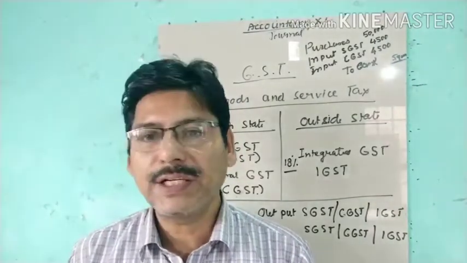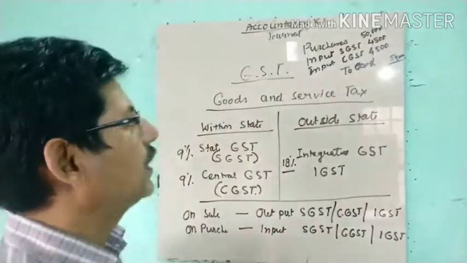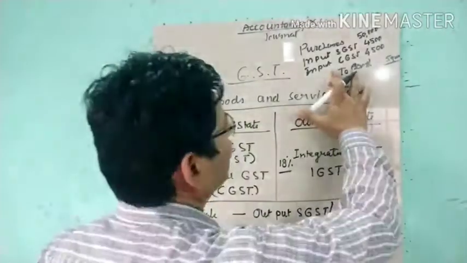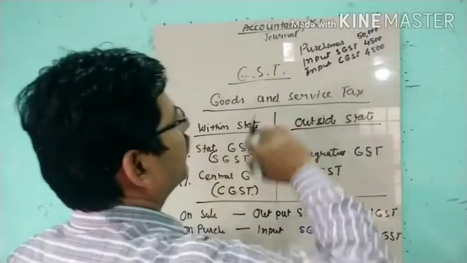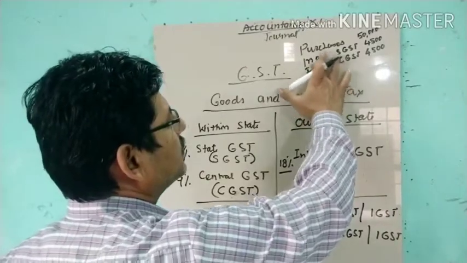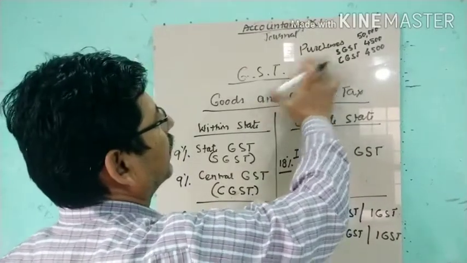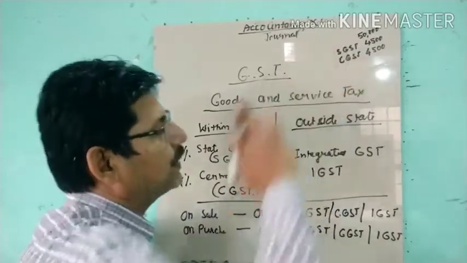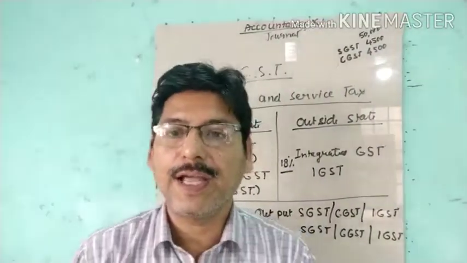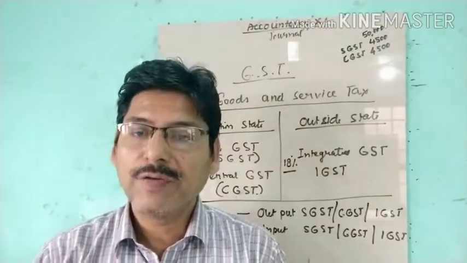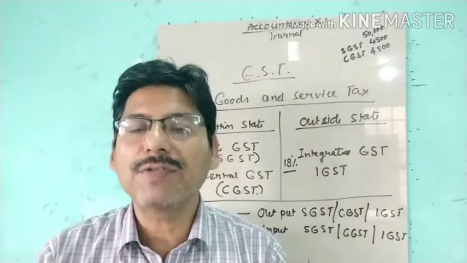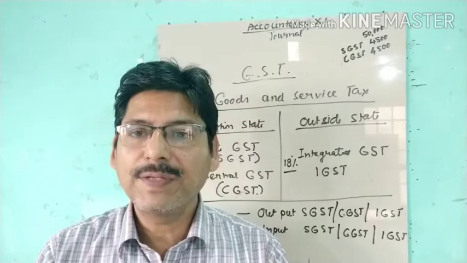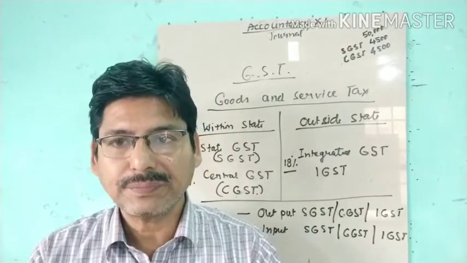The same journal entry will be there if we have sold the goods, but with a little change, because now in place of this input and this purchase, we have bought the goods for 50,000, and we have sold the goods within the state for 50,000 rupees, of this 18% category.